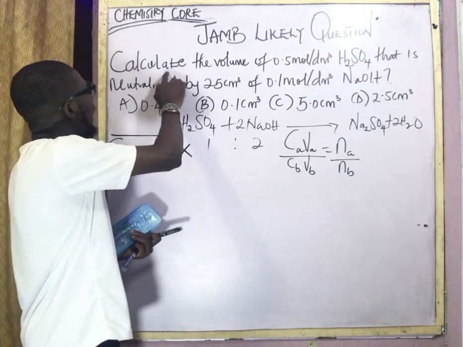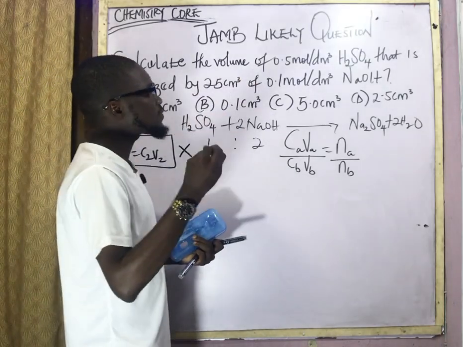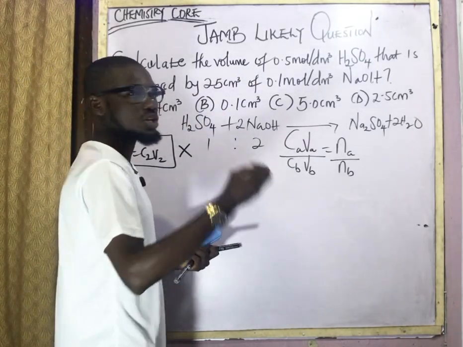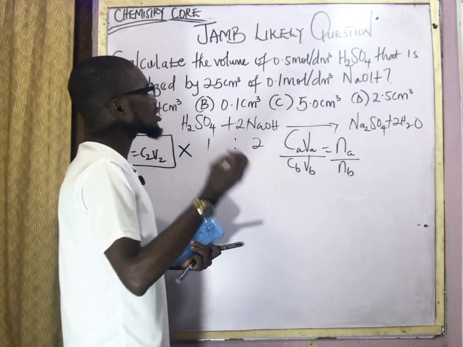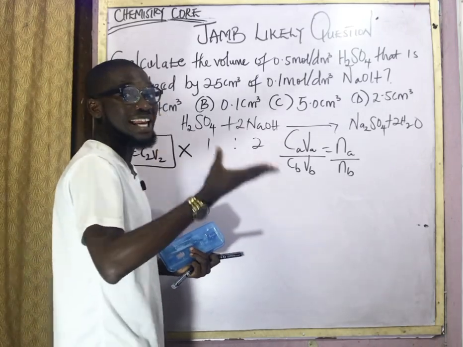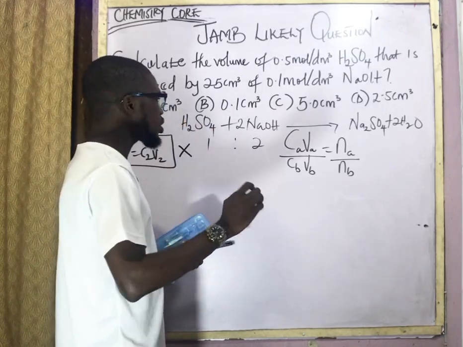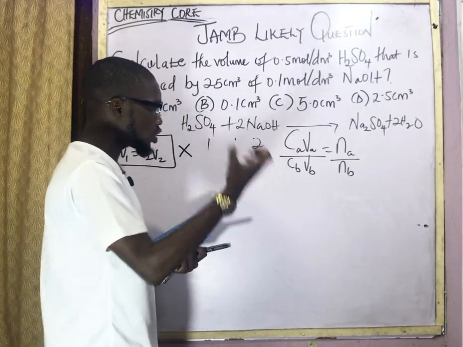I said calculate the volume of 0.5 mole per dm cube sulfuric acid. And sulfuric acid, as I've said earlier, is what? An acid. So, guys, let's write out all the parameters.